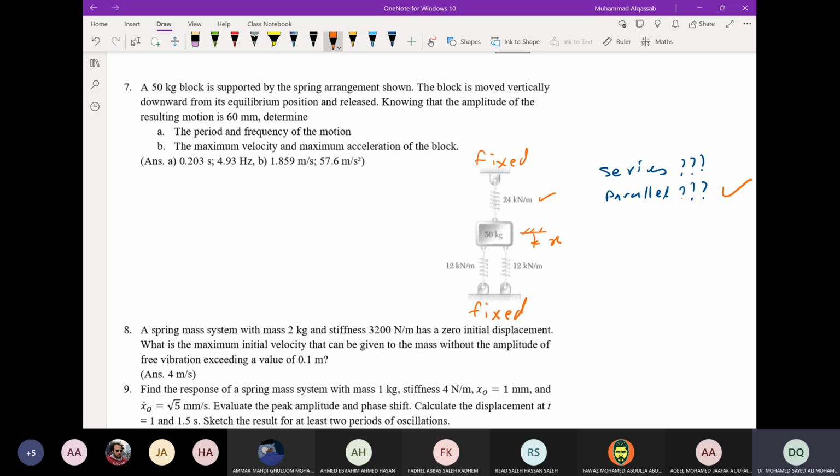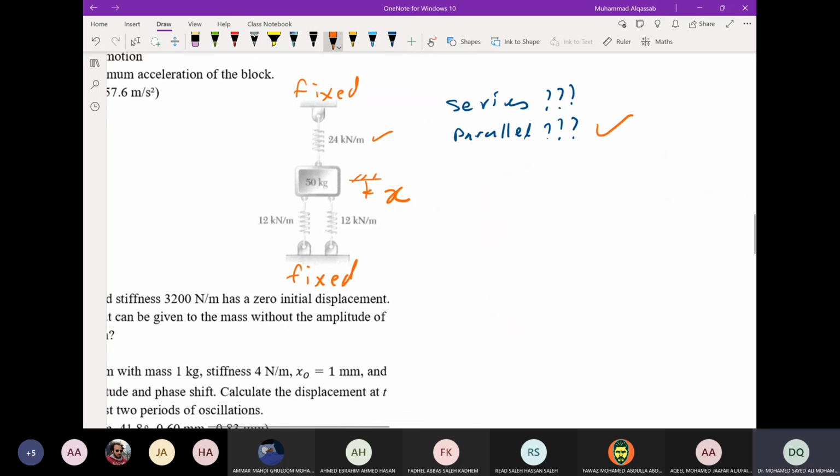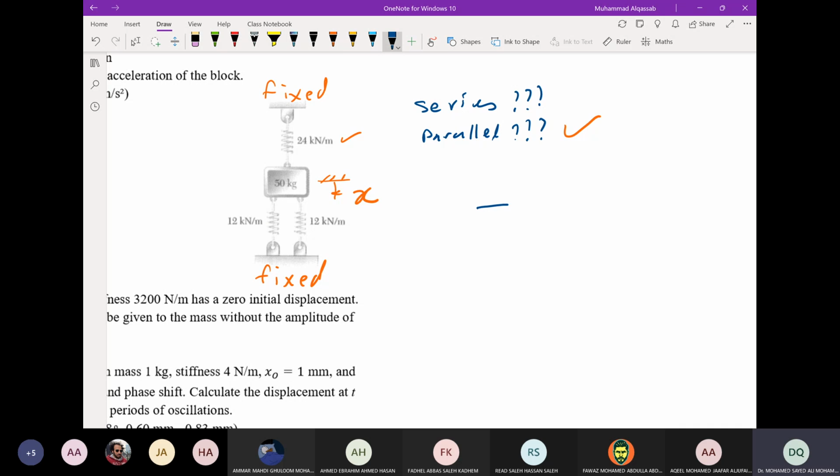To prove that they are in parallel, assume that x is downward positive, then draw the free body diagram of the mass. If you take x positive downward, then the spring at the top of the mass will be under tension or compression? Tension.